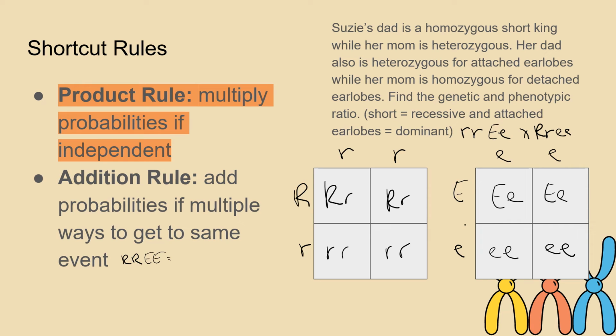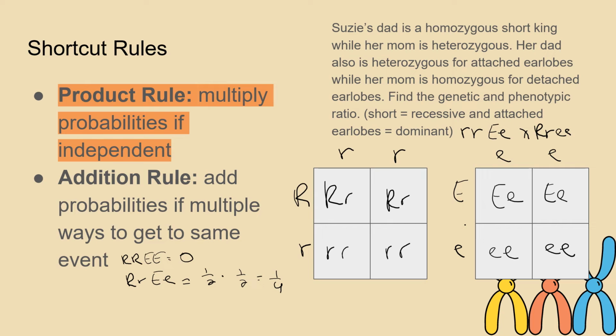We know that's going to be 0 because we just don't have any of that, so I guess we'll just skip that. We'll do this one, heterozygous for both of them. So you have a half chance and then a half chance there. So 1/4 probability.